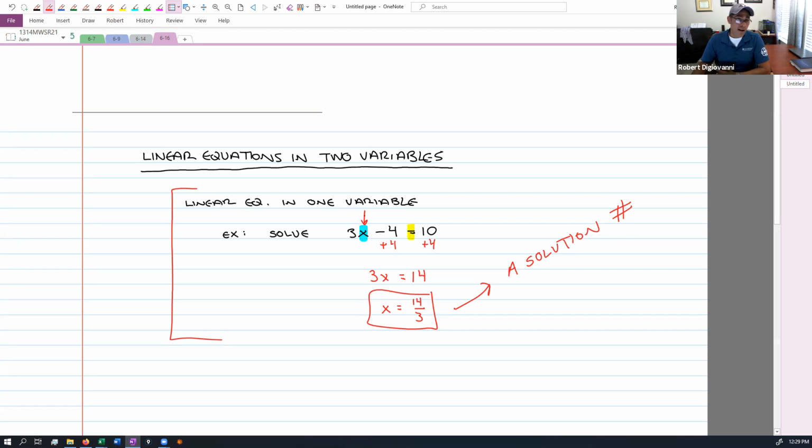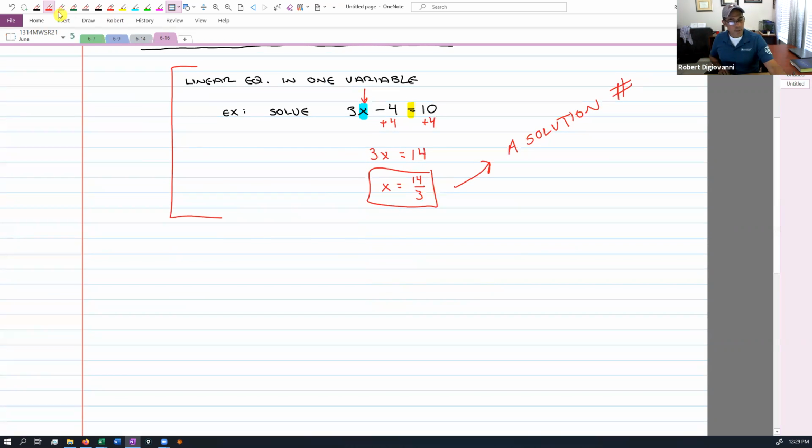What we're going to look at now are linear equations with 2 variables involved. So let me give you an example of a linear equation with 2 variables. x plus y equals 10. So notice you have an equation, right? You have 2 variables and they're both raised to the first power.